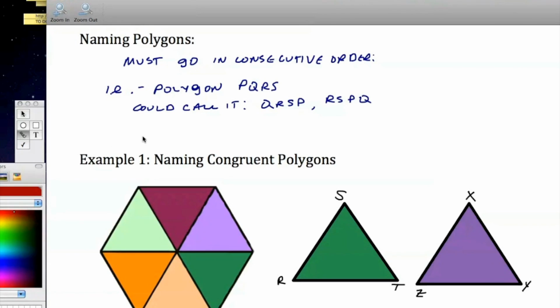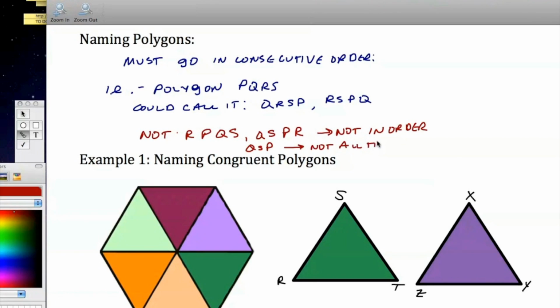I could not call it RPQS. I could not call it QSPR. Okay? I can't call those things because it's not in order. I could also not call it QSP because that's not all the letters. So, I must use all letters.